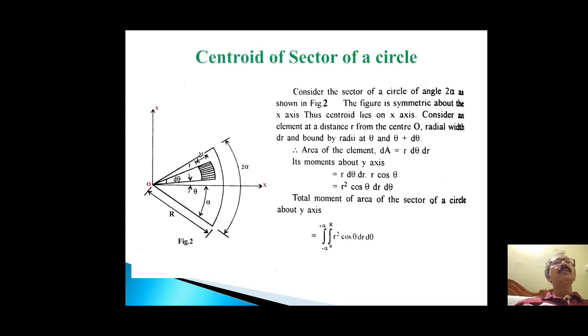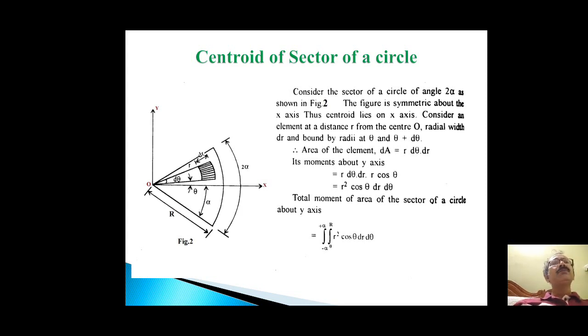Consider a small sector of a circle of angle 2 alpha as shown in this figure 2. The figure is symmetric about the x-axis, so the centroid must lie on the x-axis, and its y bar should be 0.